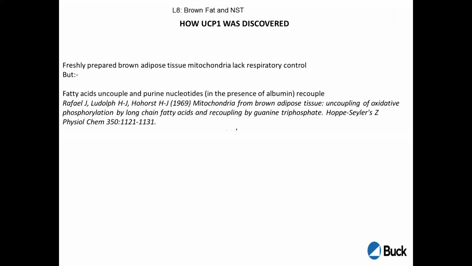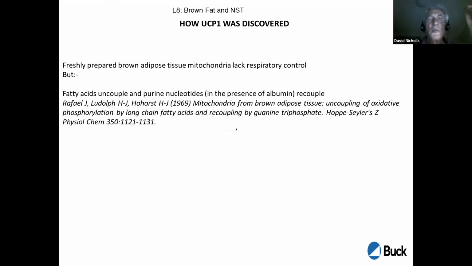And this was a question: are they damaged, or are these mitochondria modified so they never show respiratory control? And the single most important finding was by Hans Raphael, who discovered, since people were thinking that fatty acids had something to do with it, that fatty acids can uncouple virtually any mitochondria if you give enough of them. He removed the fatty acids and you still couldn't get respiratory control.